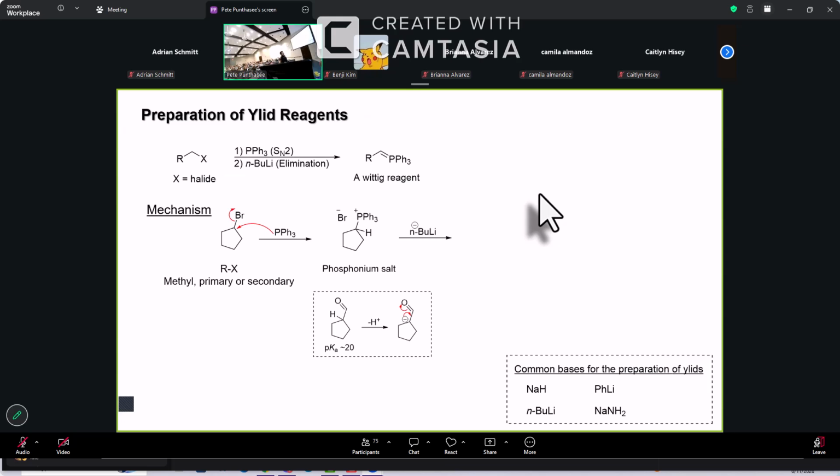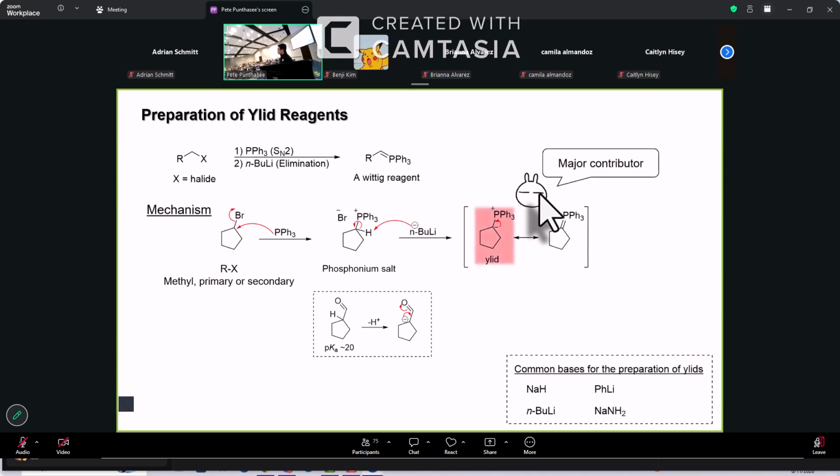Mostly they use sodium hydride or n-butyl lithium, normal butyl, like a straight butyl. You can use either. In a textbook they usually use n-butyl lithium. All right, take that. That's a stabilized lone pair. Okay, these are two steps: SN2 and elimination. That's what they do.